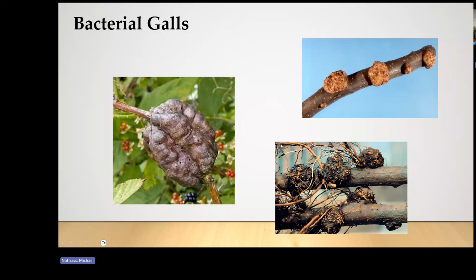These are hardened. Notice no root hairs. We've got these galls. So it's possible that you see some issue above ground. If you have a symptom above ground and you don't see any sign above the ground, then you'll likely need to dig that plant up and see if there is a root issue.